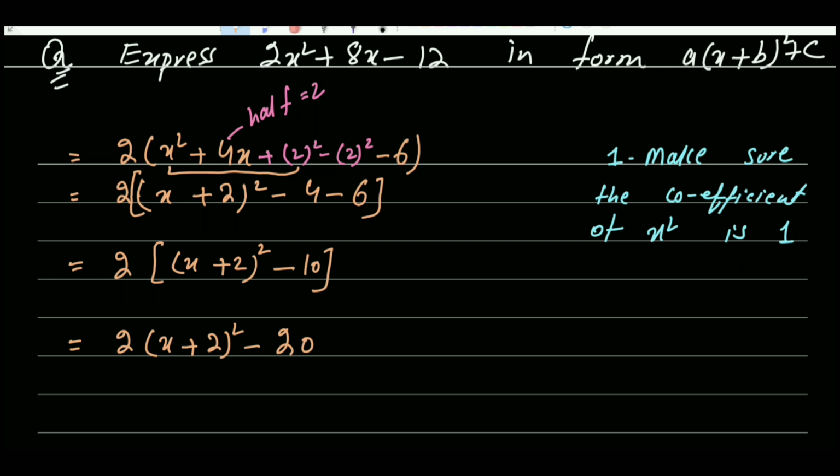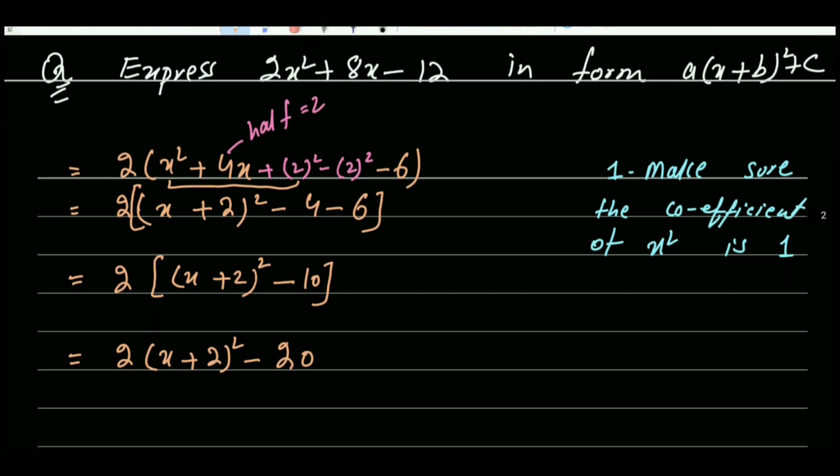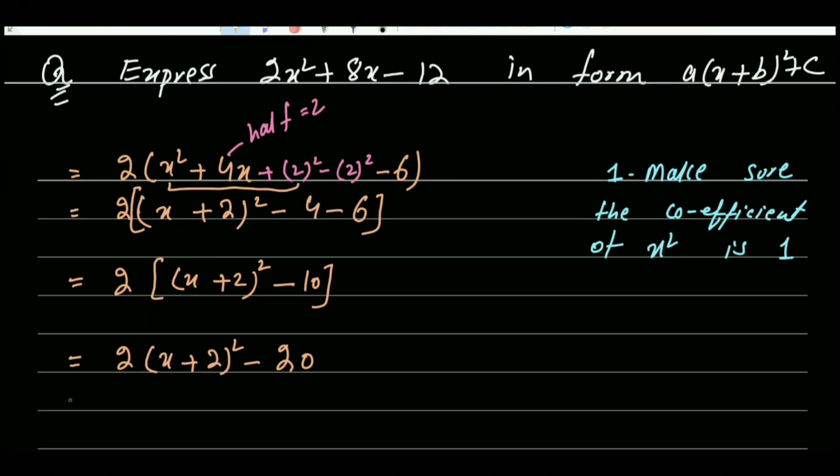So now we can see that the form is the same as in the question, a into (x plus b) whole square plus c. So if we write here the form a(x plus b) whole square plus c, we can see the value of a is 2, the value of b is 2.